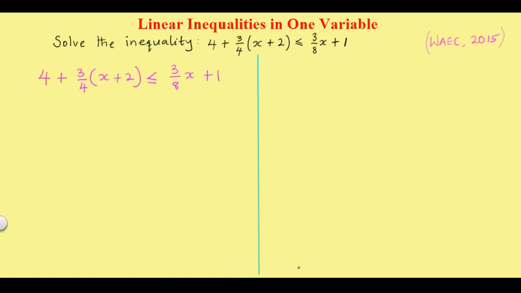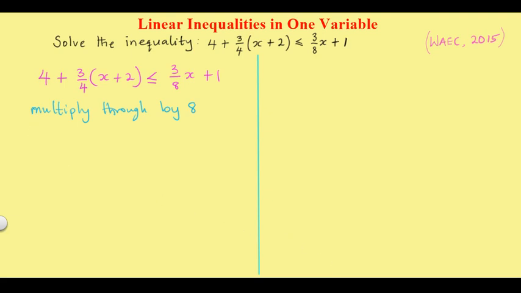Now the best thing is to then multiply this 8 by both sides. That is, multiply through by 8.